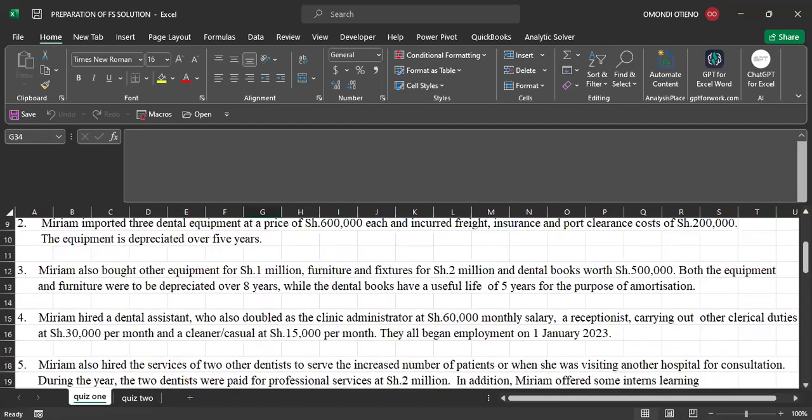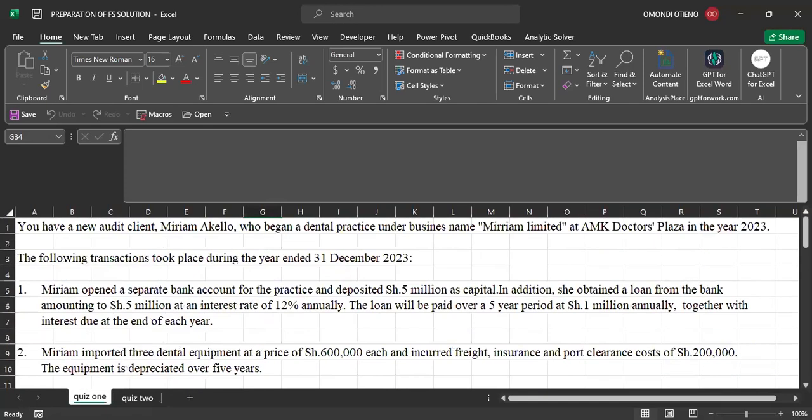So when you get a question of this kind, you first of all go through it. It was tested on the concept of audit schedule. Majority are used to being given a trial balance. Here, they did not give you the trial balance.